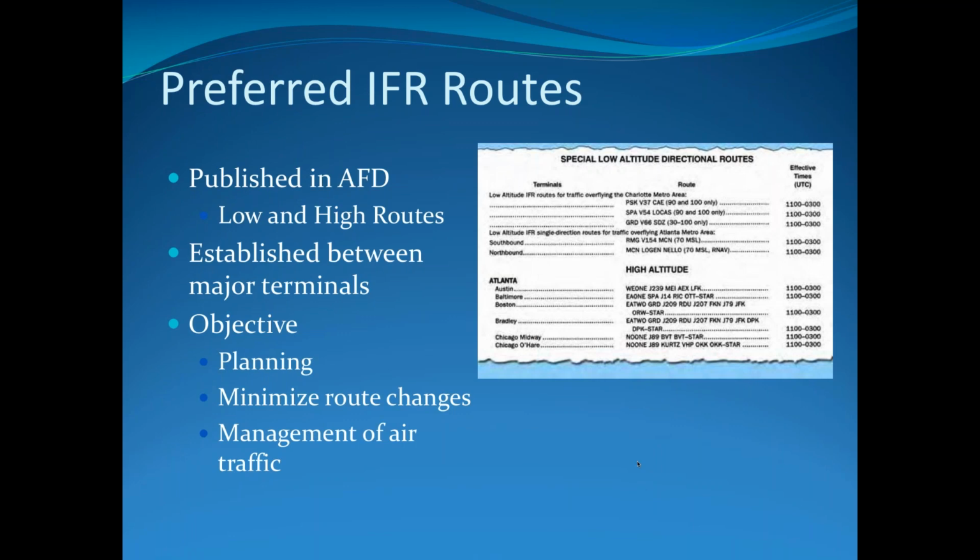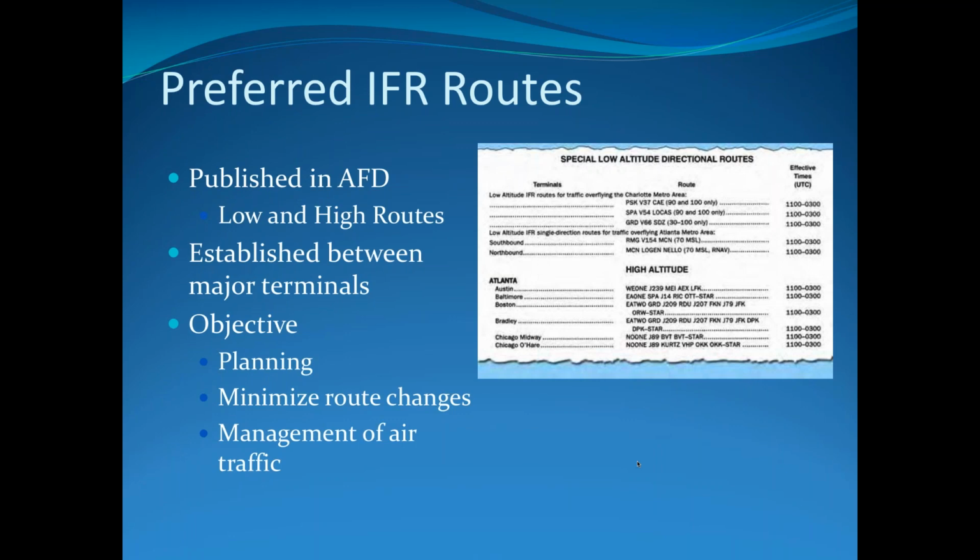As far as practical application of this, like we talked about yesterday, the air traffic control coordinator's job is to build these routes. If there's a preferred route, his job is to know that and put that into the system.